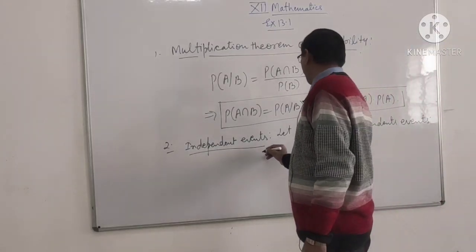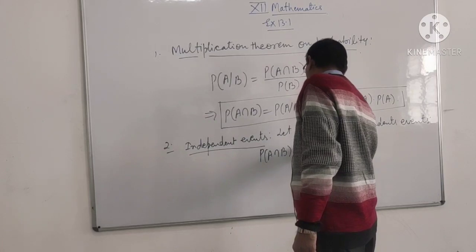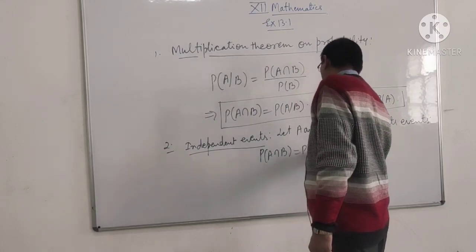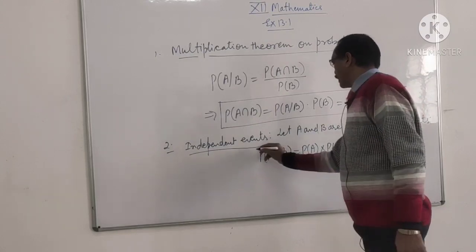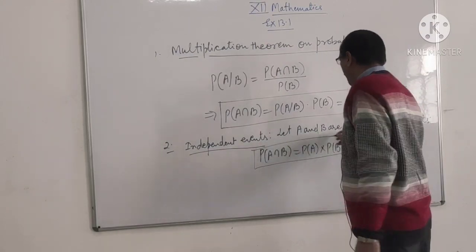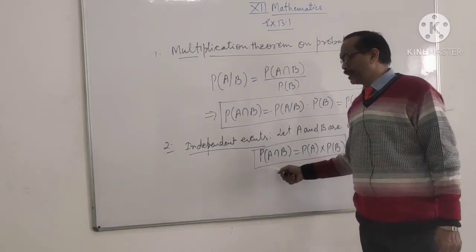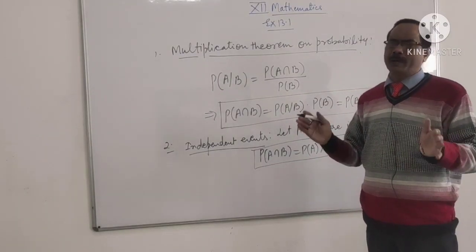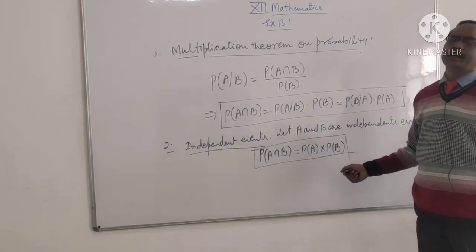Then P(A intersection B) equal to P(A) into P(B). If A and B are independent events, then the probability of their common event is equal to the product of their individual probabilities.